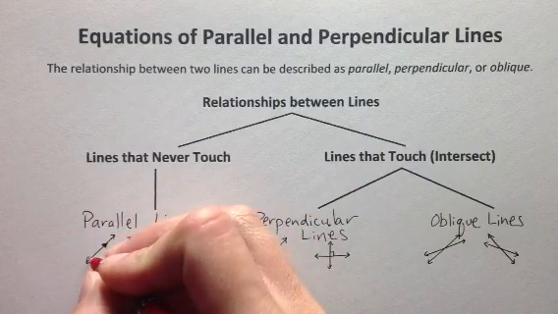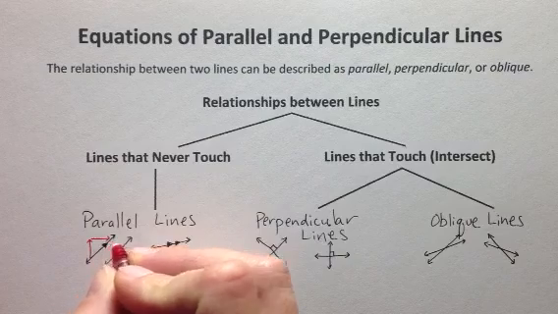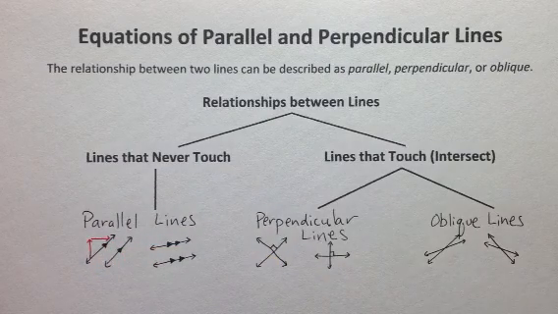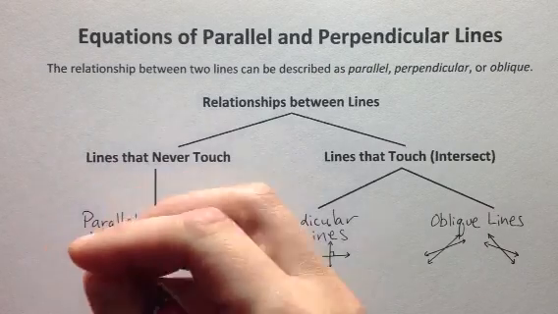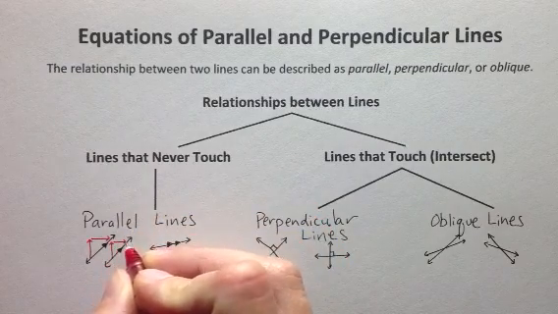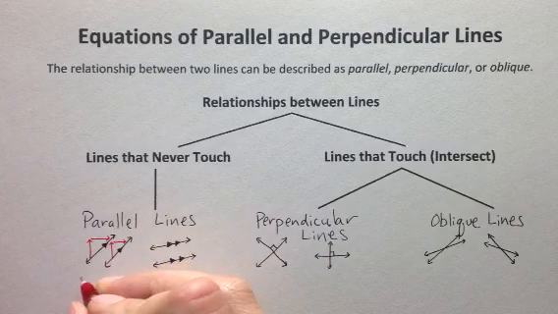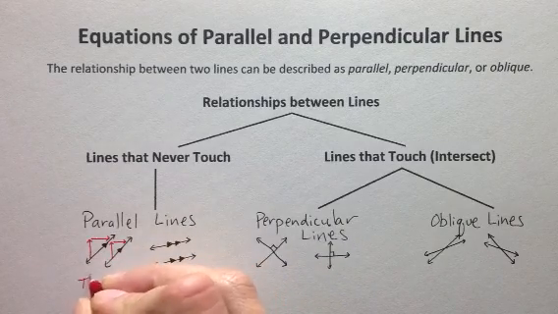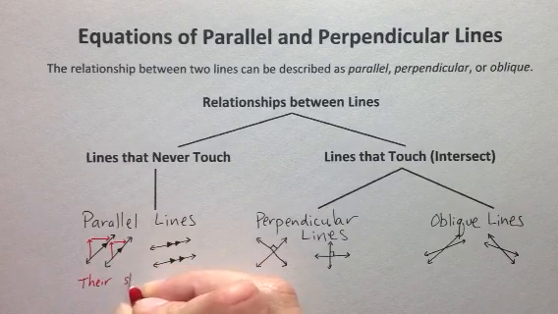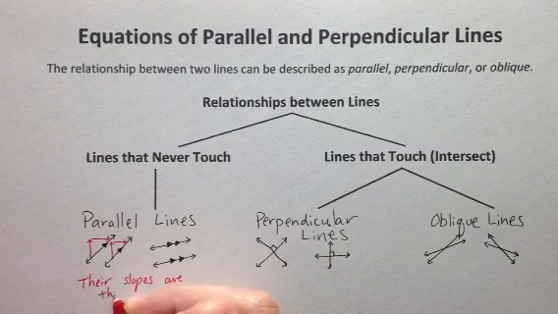If you think about what slope means, it's the rise and run of a line, the rate of change. So if two lines have the same rate of change, the same rise and run, they're going to be parallel. That's always true. So parallel lines, their slopes are the same.